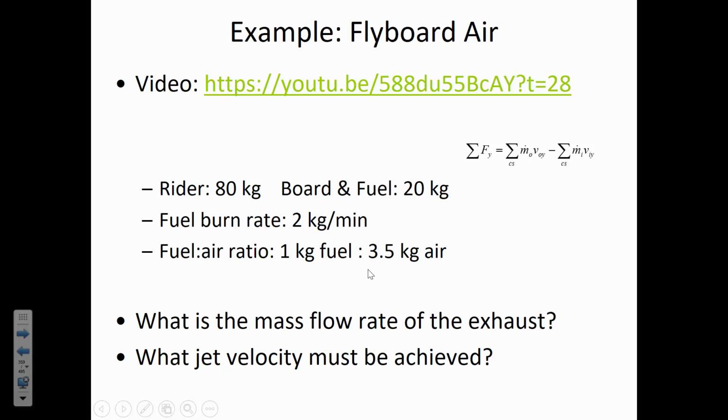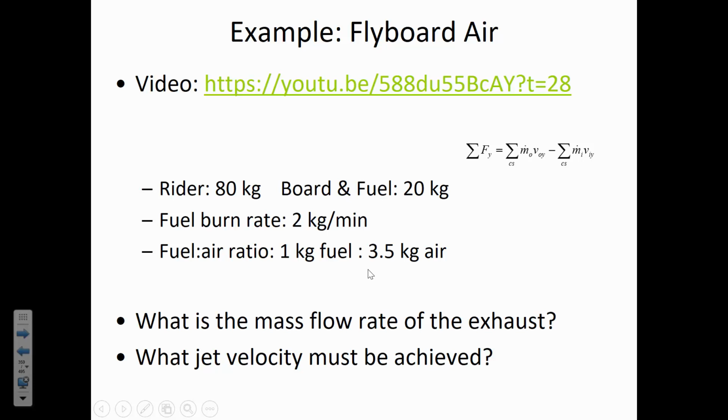Here we've got some mass that's being supported by the jet that's coming out, and the mass flow rate is going to be, if there's 1 kilogram of fuel that consumes 3.5 kilograms of air, then the exhaust that's coming out has a mass of 4.5 kilograms.